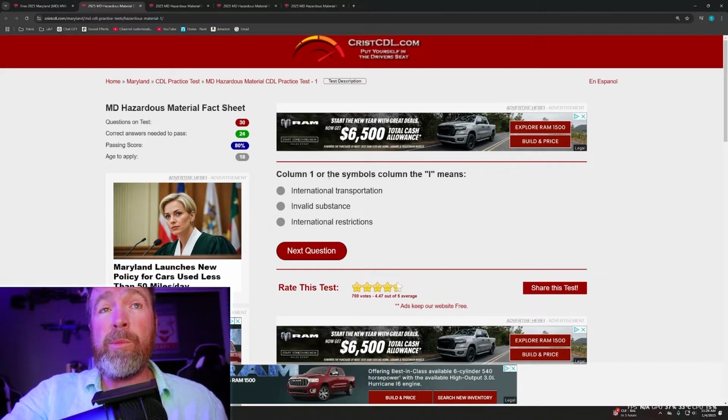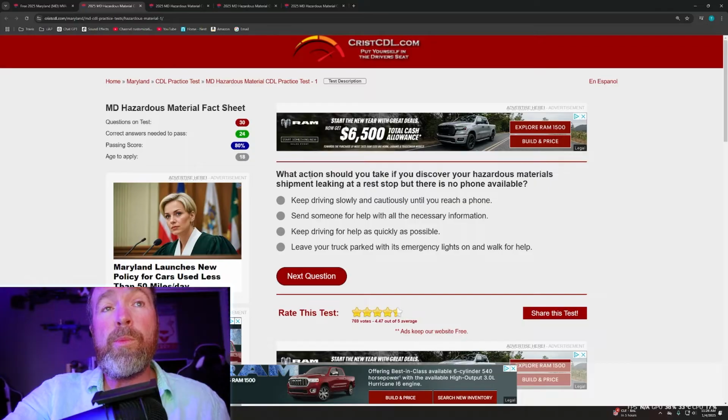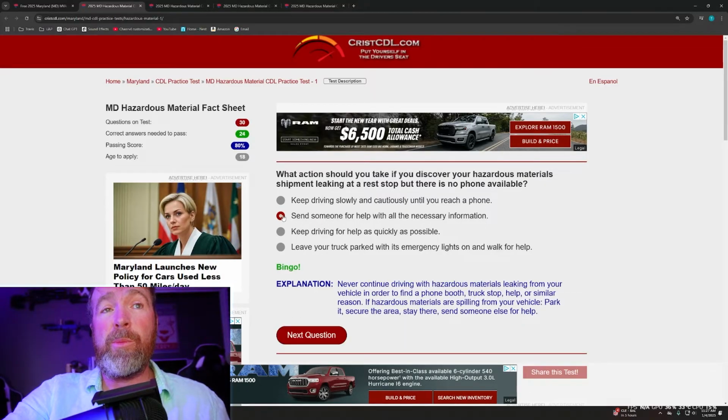Column 1, or the 1, means international transportation. What action should you take if you discover your hazardous material shipment is leaking at a rest stop and there's no phone available? You send someone for help with all the necessary information.